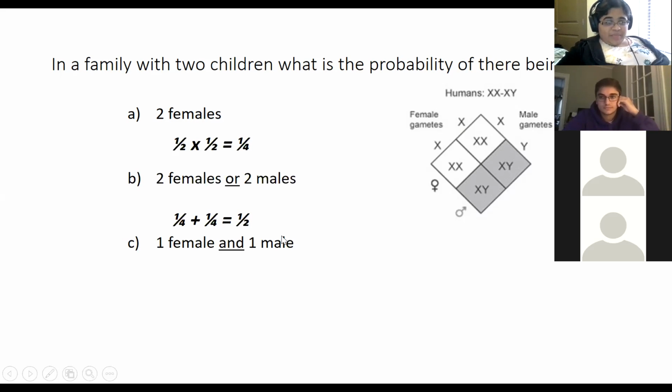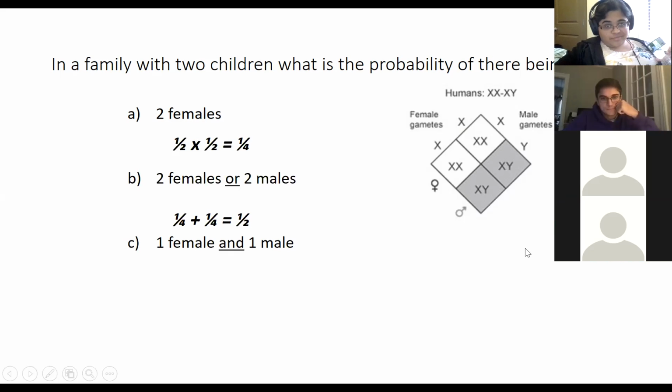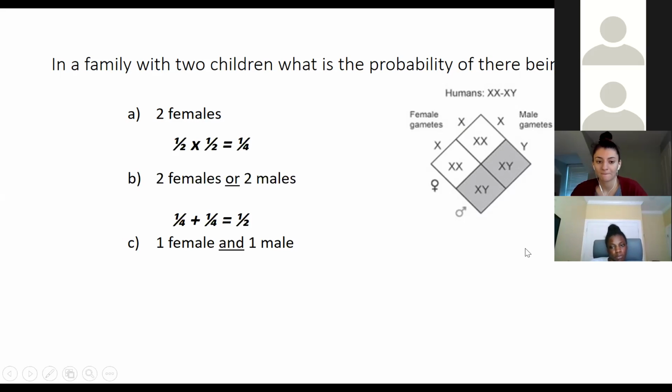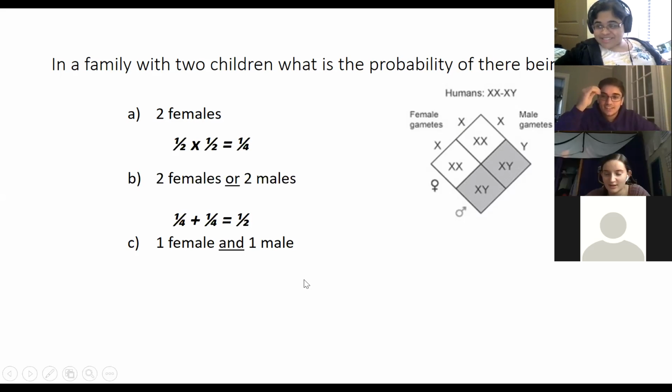So what about one female and one male? Any ideas? 1/4? Close. Is it 1/2? Yes, it is a half.